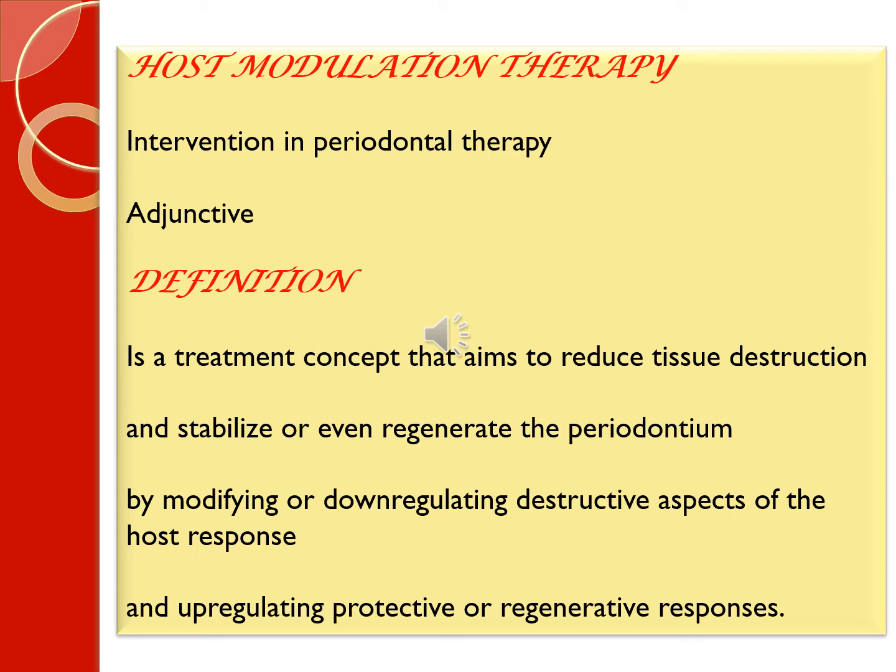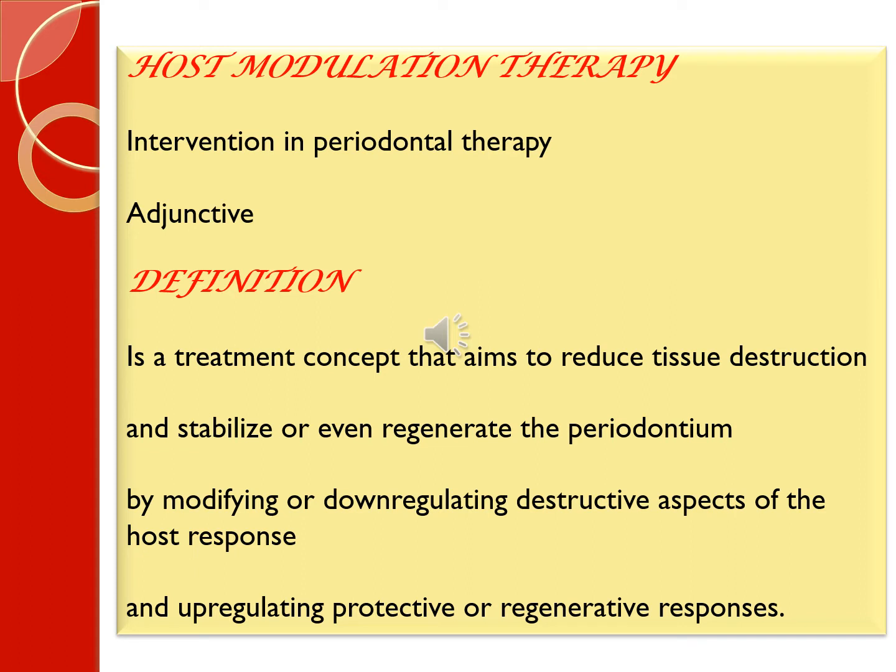It becomes quite easy to remember and understand as well. So it is a treatment concept that aims to reduce tissue destruction. So we are trying to stop the tissue destruction and stabilize or even regenerate the periodontium. That is, you want to stabilize the periodontium in a healthy state, and even you're trying to get back the lost bone and the lost tissues and the lost cementum as well.